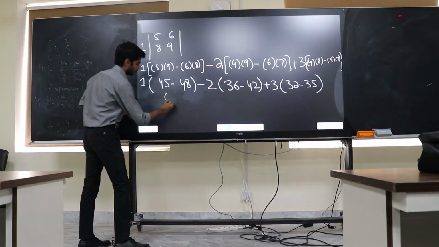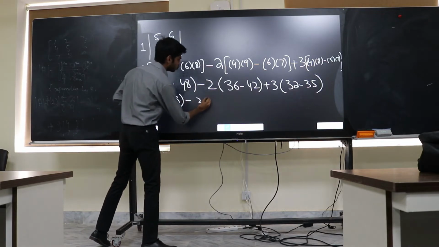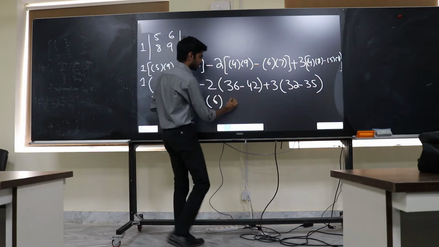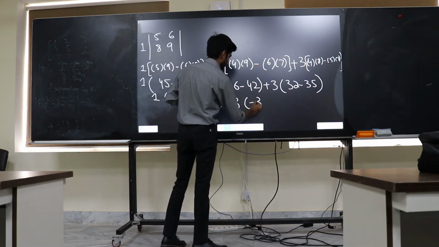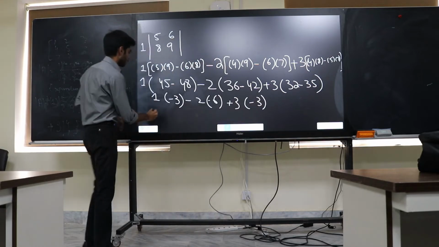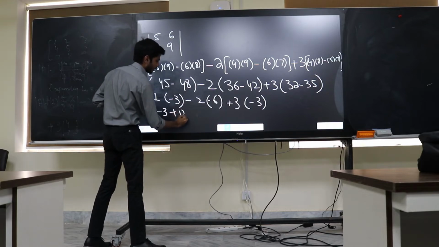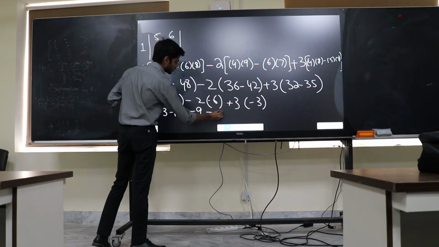So we have minus 3 multiplying 1, minus 2 multiplying by 4 sixes, and 3 multiplying by minus 3. So here we will get minus 3, plus 2 sixes are 12, and minus 9, which is equal to 0.